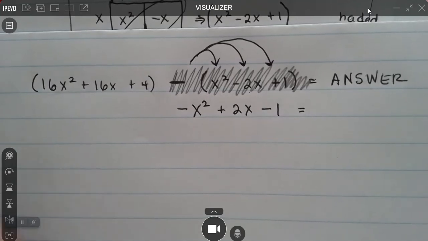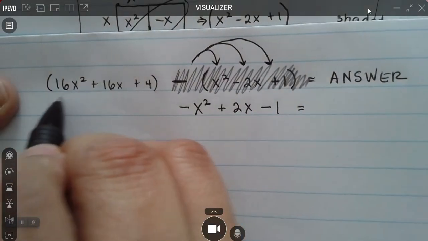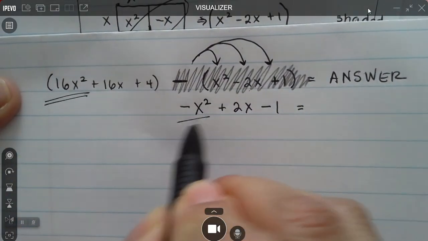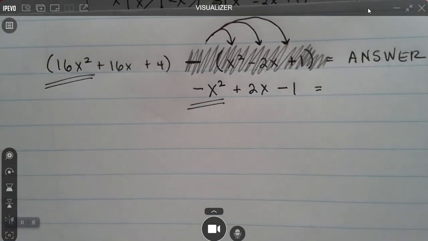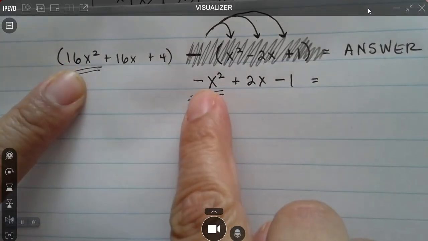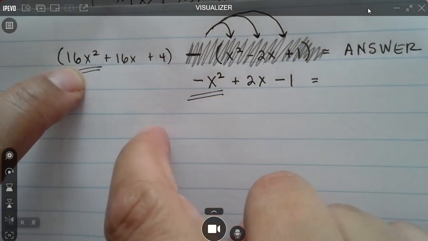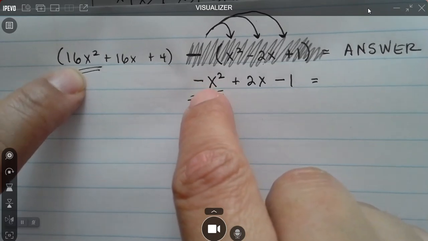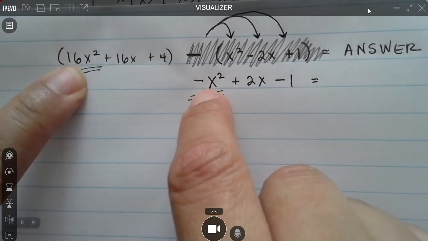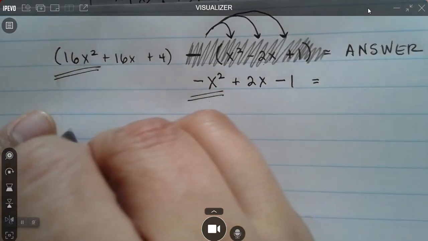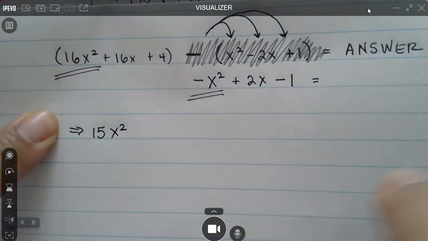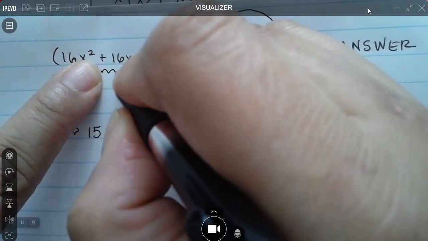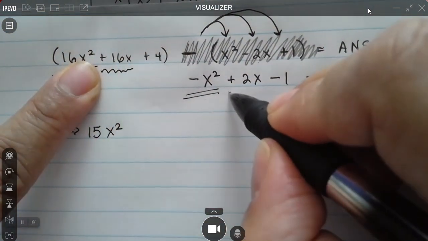All right, so now do your thing, like terms. 16 add negative 1. Okay. Now this is a 16 add a positive 2.